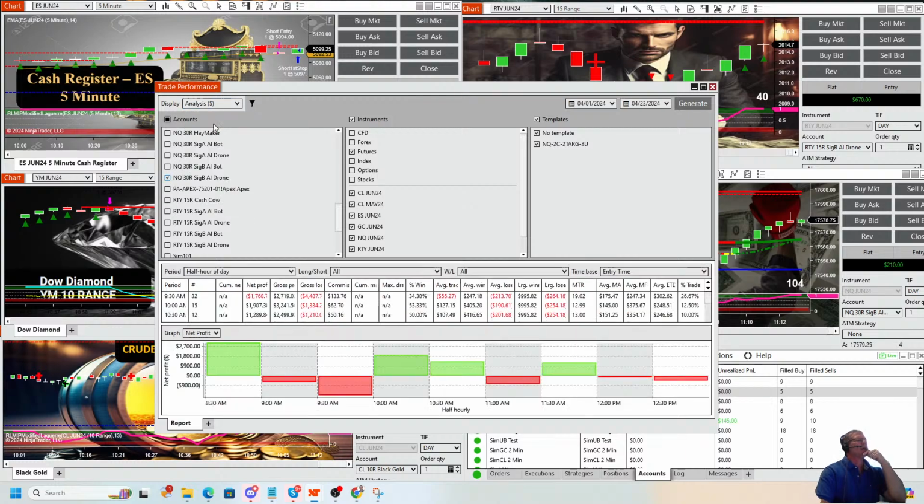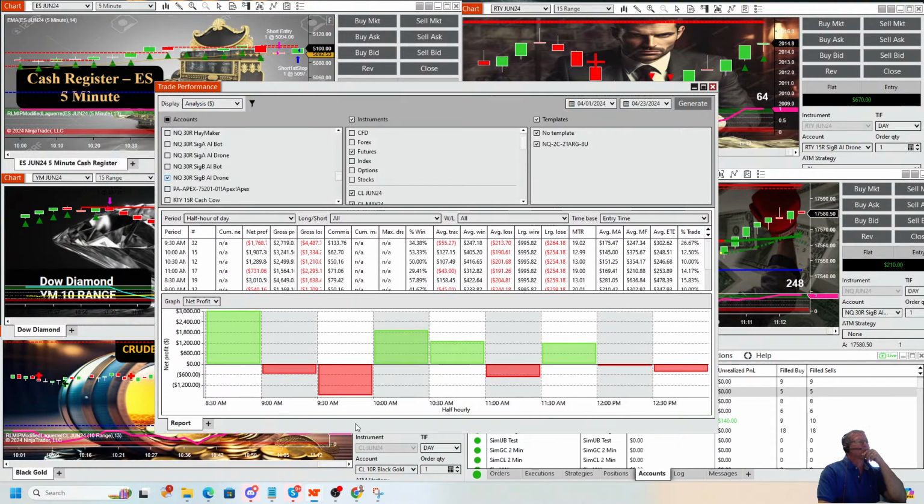And if we look at the analysis there, that 830 is the biggest. 830 to 9. Between 9 and 10, it hasn't been doing very well. And then after the market settles down, it has a really good hour.